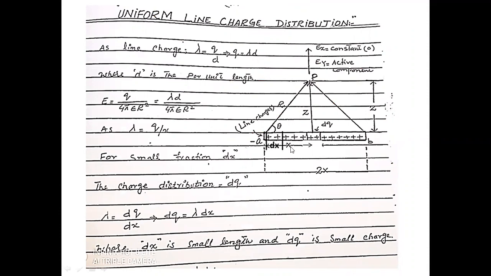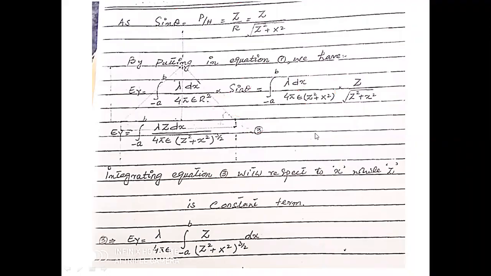So x acts as a variable while z is the constant. Lambda is also a constant, and so is 4 pi epsilon. Taking it outside the integration, minus a to b, z over z square plus x square whole power 3 by 2.